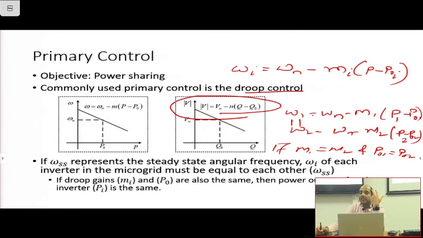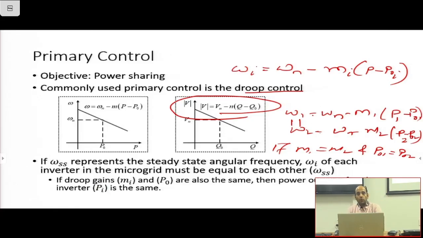Because at a steady state you cannot have two different frequencies. If there are two sources, three sources, omega 1 has to be equal to omega 2, equal to omega 3, equal to omega n. And if their droop slopes and P naughts are the same, then at any given load, P1 will be equal to P2 will be equal to P3. The fundamental concept is that the frequencies have to be the same.